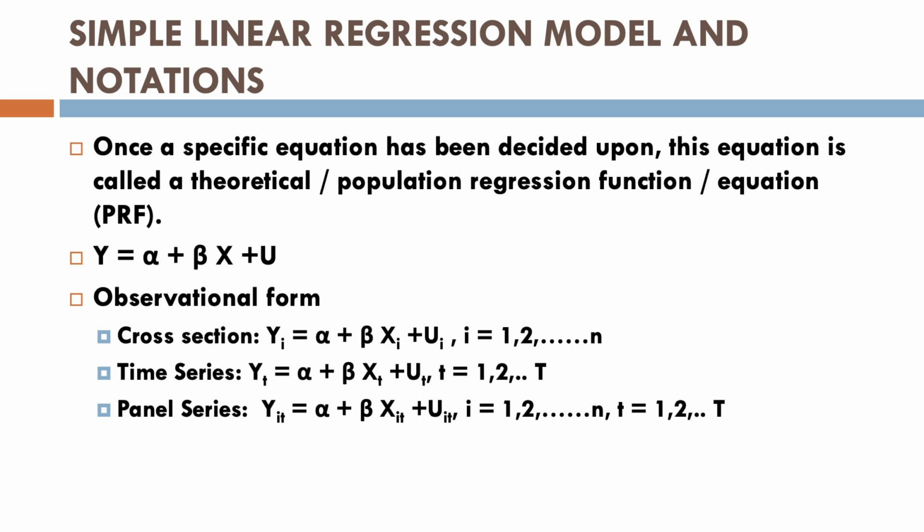Similarly, the time series data models would be represented as y t is equal to alpha plus beta x t plus u t, where t varies from 1, 2 up to T. Similarly, if the data is a panel data set, then the models can be represented as y subscript i t is equal to alpha plus beta x i t plus u i t, where i varies from 1 to n and t varies from 1 to T.